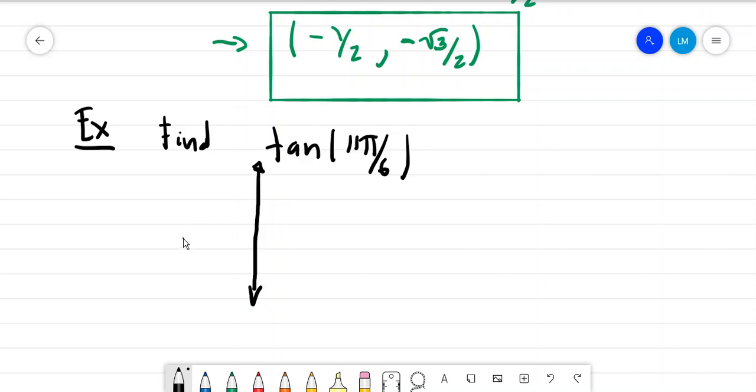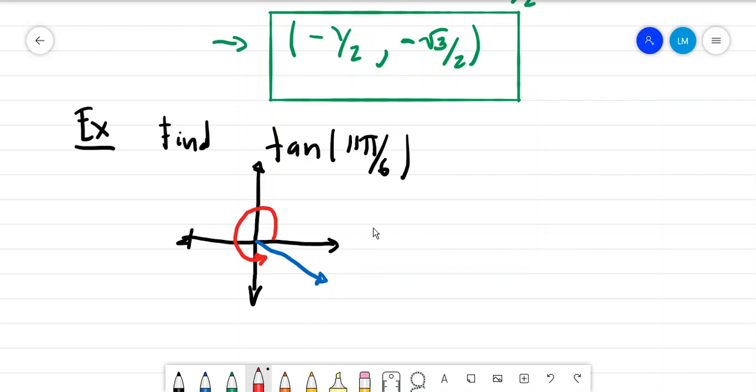So 11 pi over 6 is going to be like this, where pi over 6 is somewhere, and 11 pi over 6 is somewhere right there. How I knew that was because if I take another sixth, I get 12, which is 2 pi over 6. So this is our angle measure.